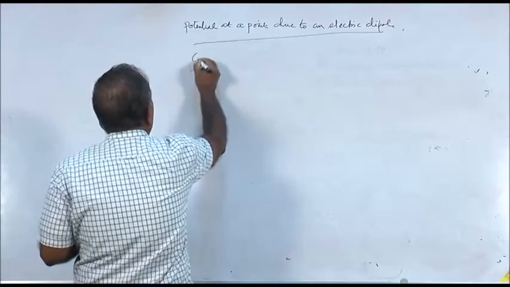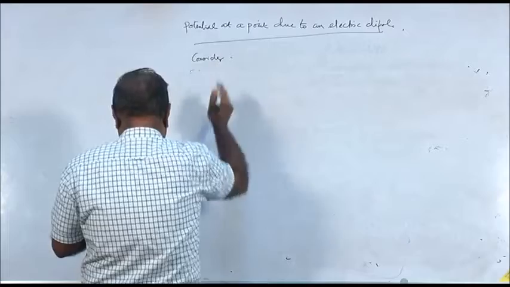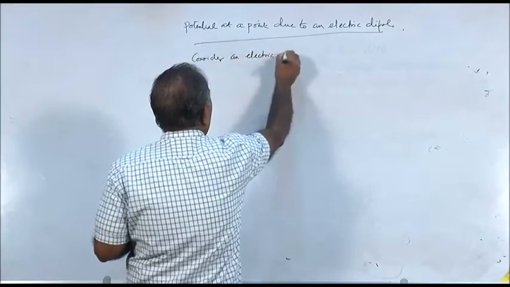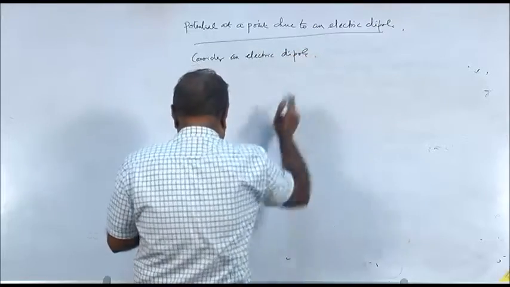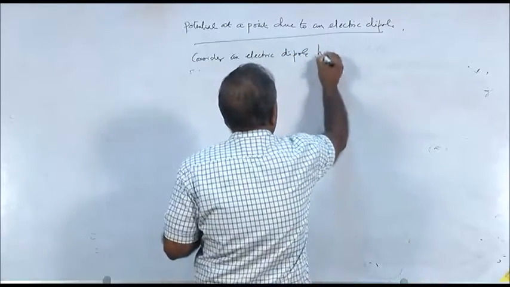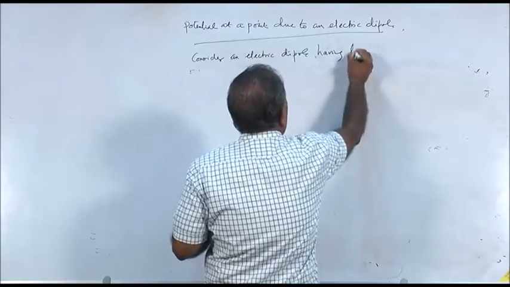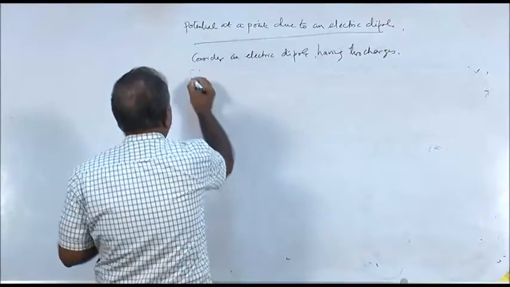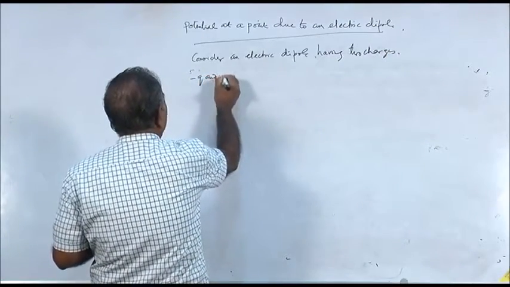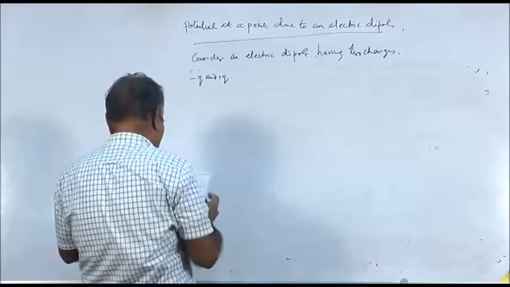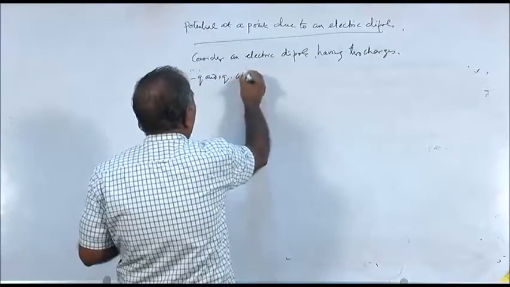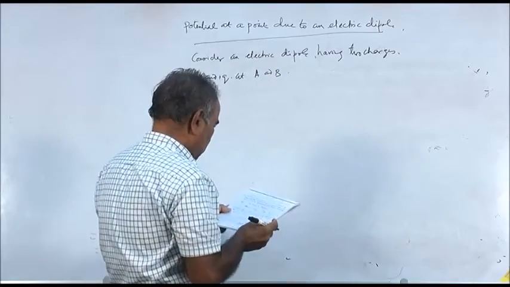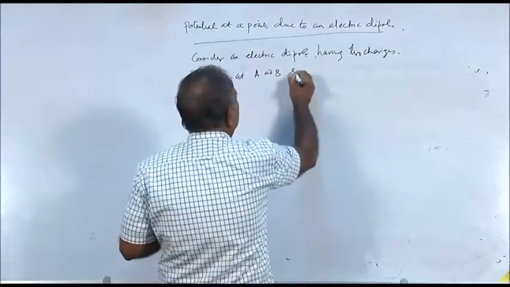So, consider an electric dipole having two charges minus q and plus q at A and B, separated by a small distance.